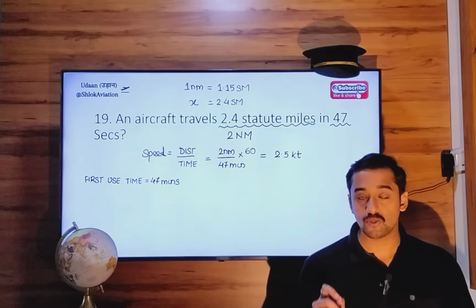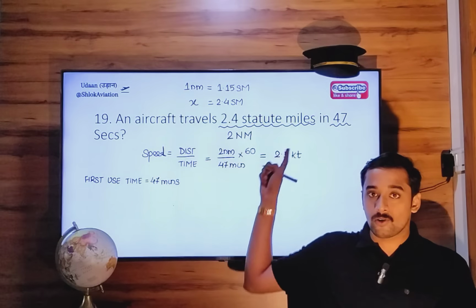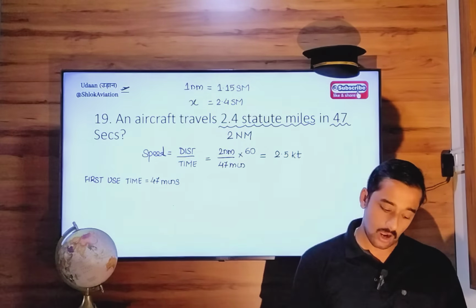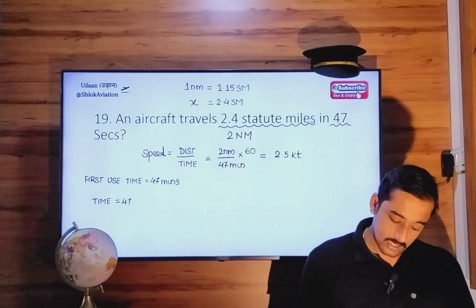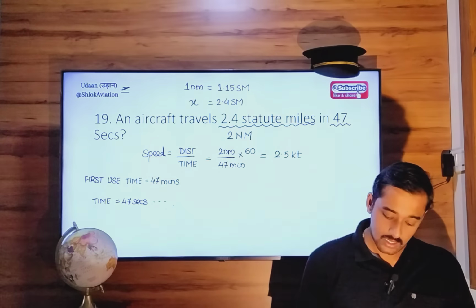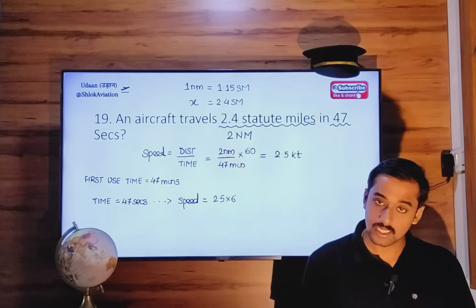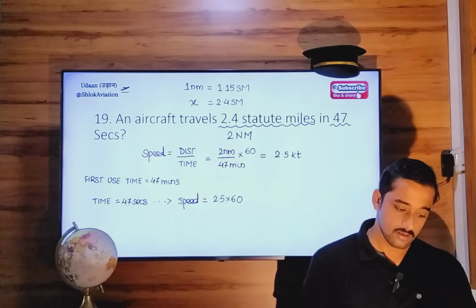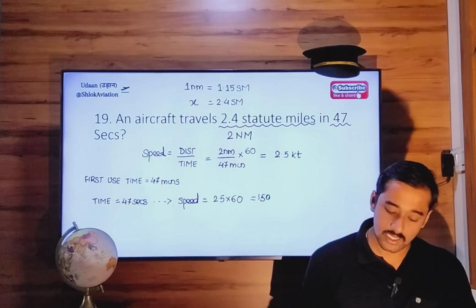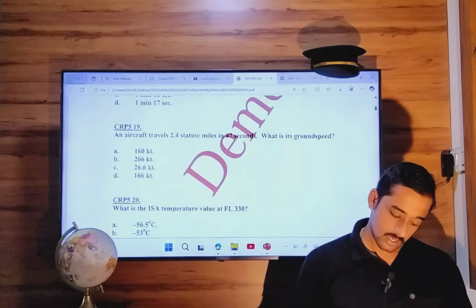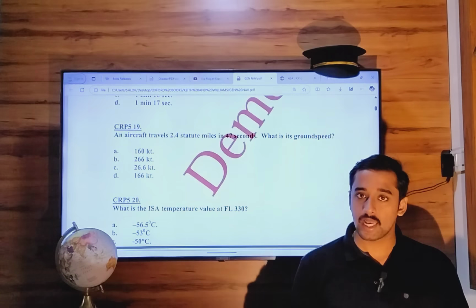Okay, this is the speed when you are flying for 47 minutes. Now when you are flying for 47 seconds, the speed will be 2.5 knots multiplied by 60, which is 150 knots. So 1 minute equals 60 seconds, so multiply that by 60. So it will be equal to 150 knots. The closest option here is 160 knots. So select that option.